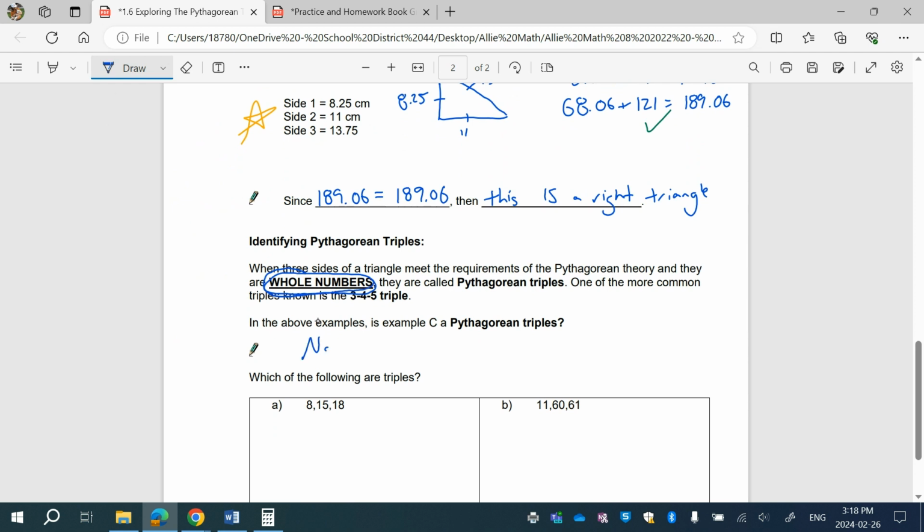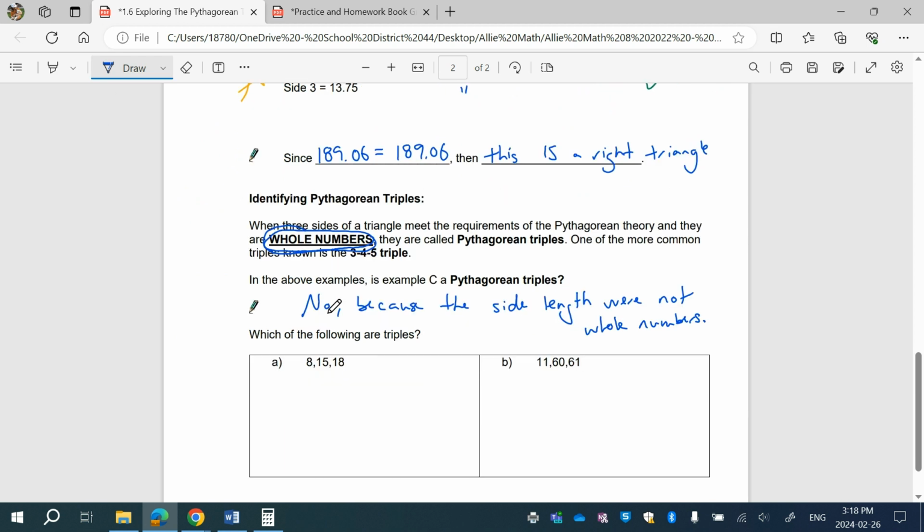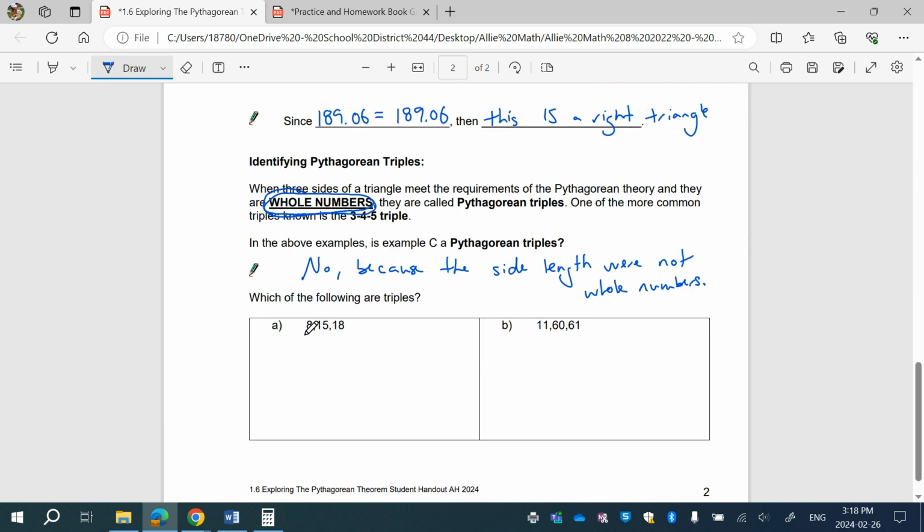So no, because the side lengths were not whole numbers. We had 8.25 and 13.75. So no, even though that was a right triangle, this is not a Pythagorean triple.